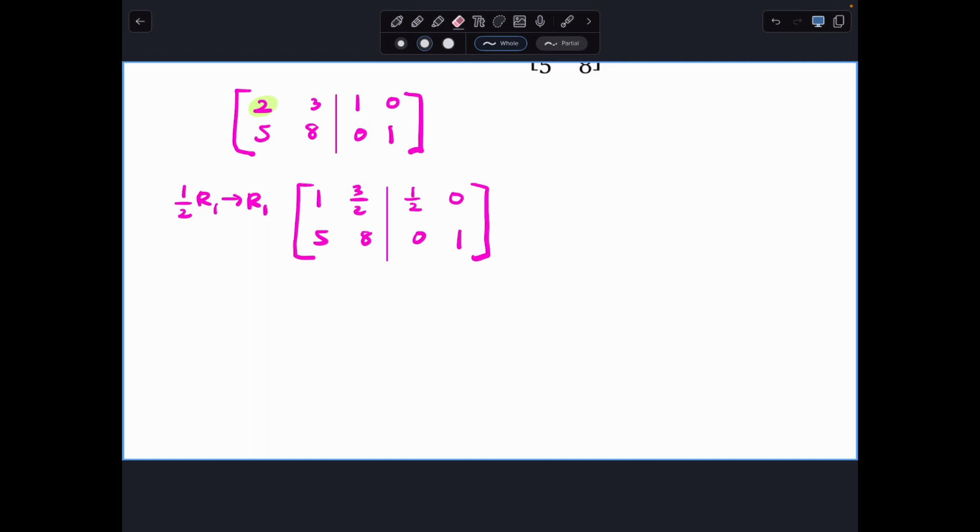Okay, and now we can use that leading 1 to make that 5 into a 0. So we'll multiply row 1 by -5 to add to row 2 and replace row 2. Do we see why we're doing that?